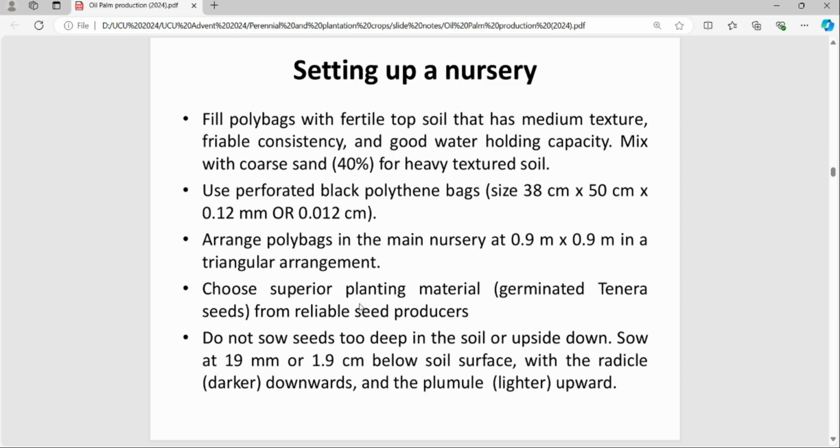For setting up a nursery, one, you fill the polybags with fertile topsoil, which has medium texture, with friable consistency and good water holding capacity.